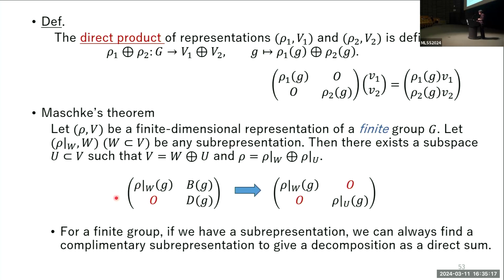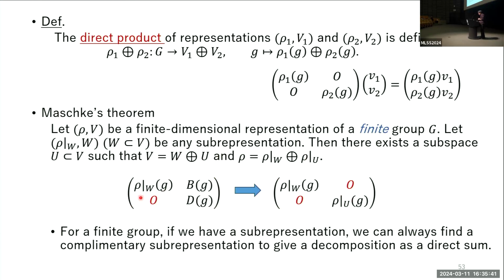This means in terms of the matrix, the sub-representation can give this type of matrix expression. But Maschke's theorem tells us that for a finite group, we can make it block diagonalized.